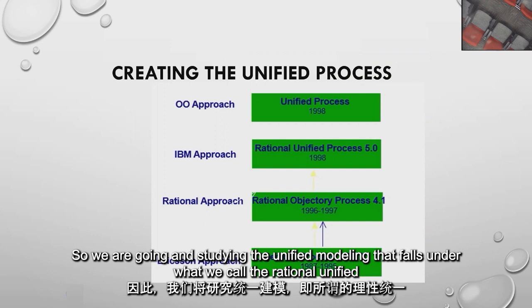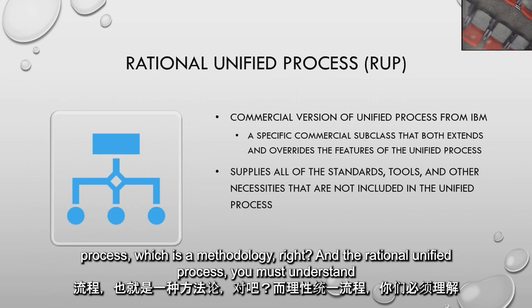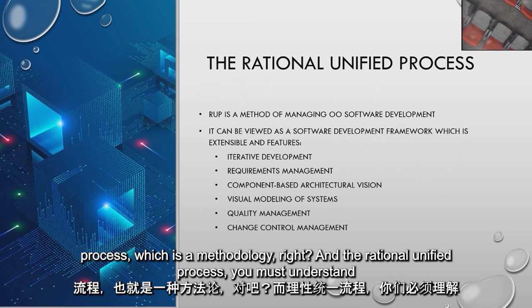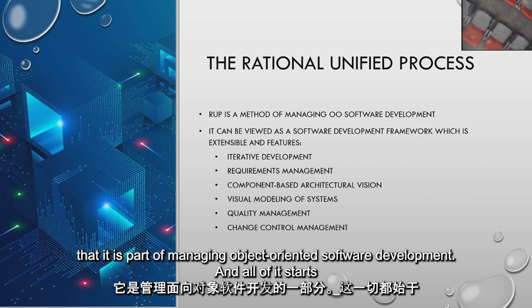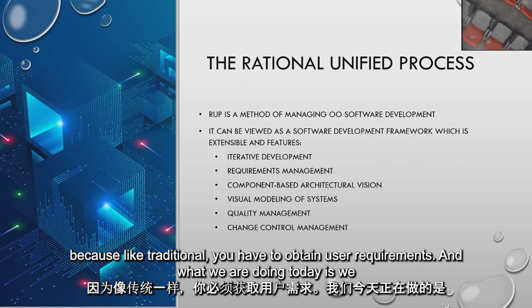So we are going to study the unified modeling that falls under what we call the rational unified process, which is a methodology, right? And the rational unified process, you must understand, is part of managing object-oriented software development. And all of it starts with iterative requirements management. It's iterative and its requirements, obviously, because like traditional, you have to obtain user requirements.